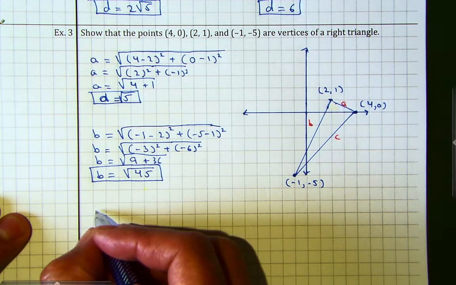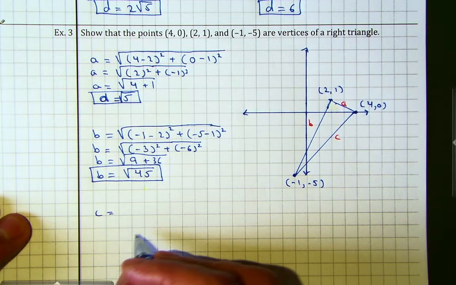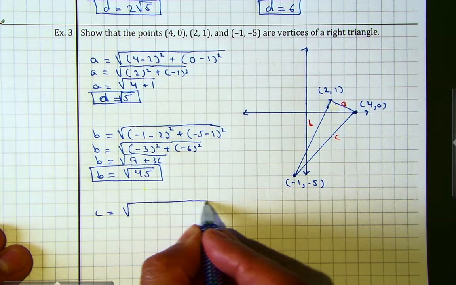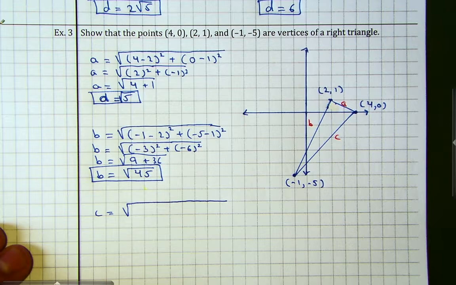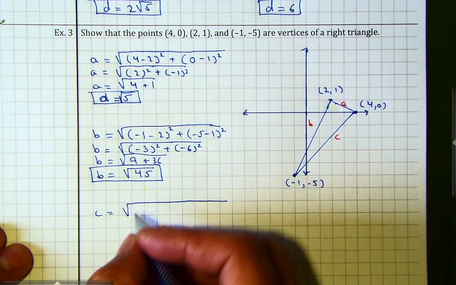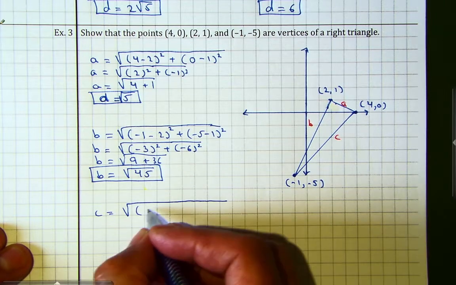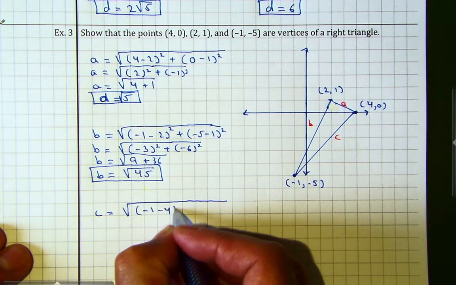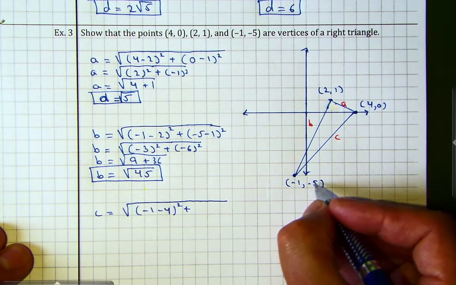And let me find C. So it'll be negative 1 minus 4, or 4 minus negative 1, and negative 5 minus 0.